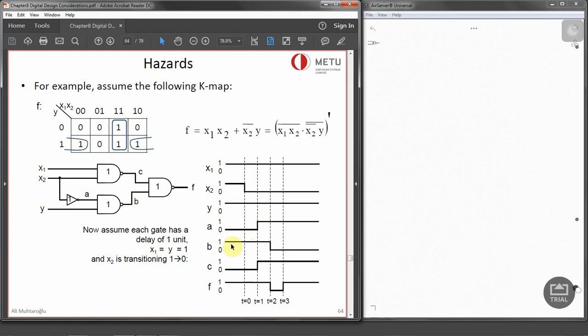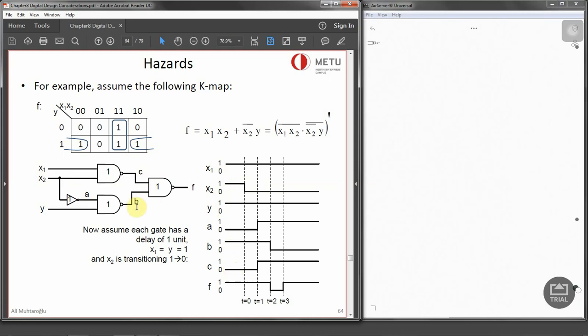Now, let's see C and B. At the beginning, as we have got a 1 unit of delay, x2 is going to change. So at the beginning, this is 1 and 1. So when 1 and 1, the NAND gate, which is output C, is going to be 0, because x1 and x2 are 1, output is 0, without any problem.